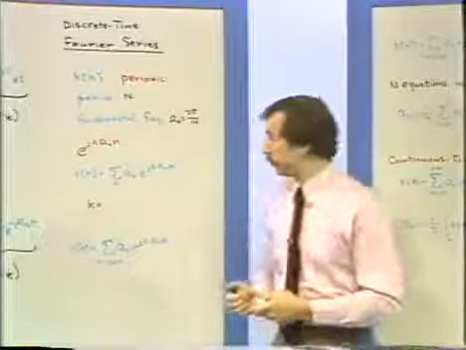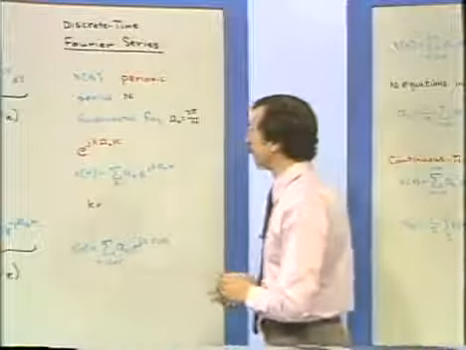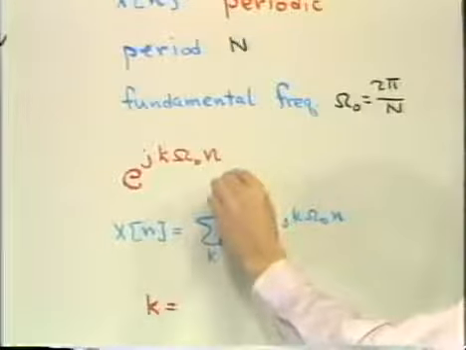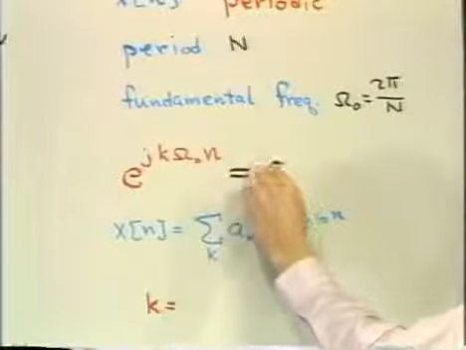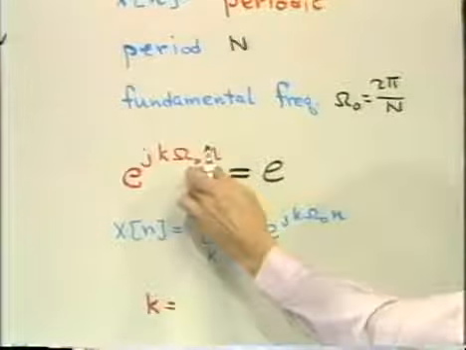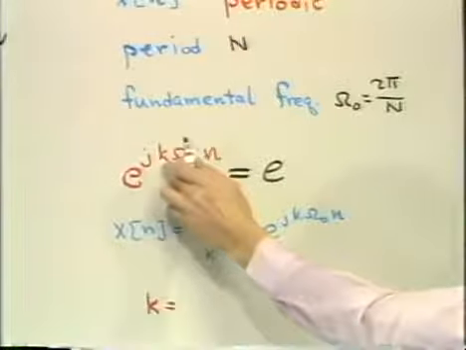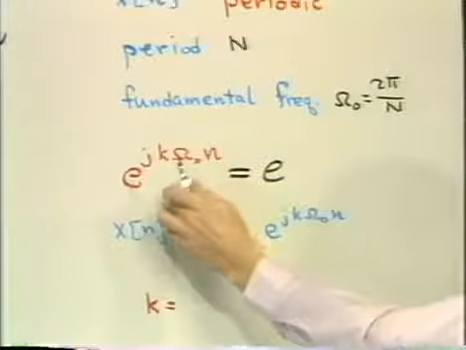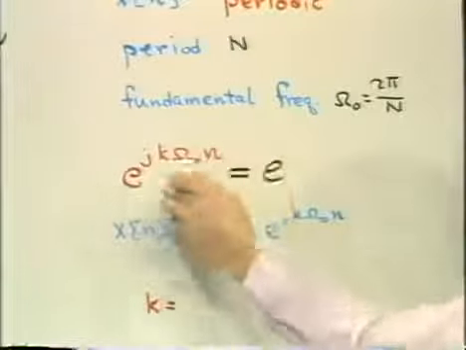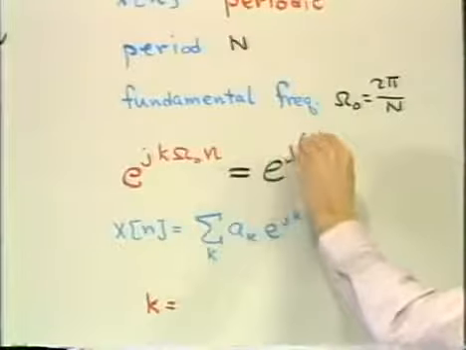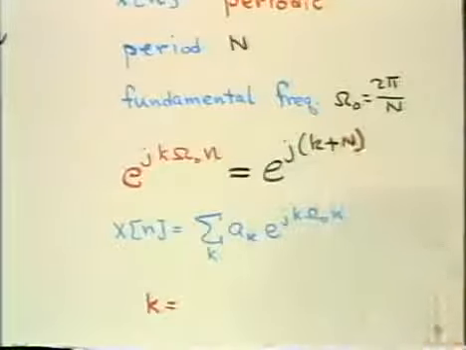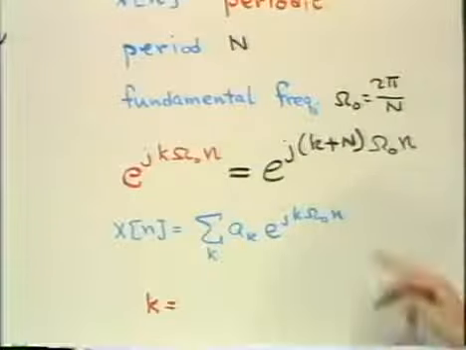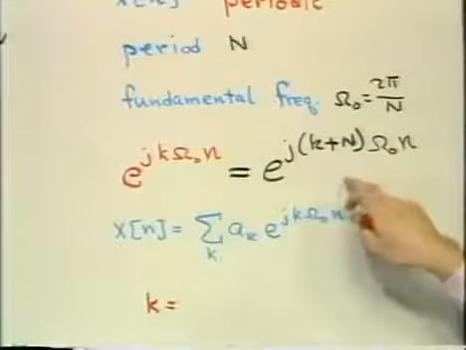It's straightforward to verify that if we consider varying k by adding to it capital N, where capital N is the period of the fundamental complex exponential, then if we replace k by k plus capital N, we'll see exactly the same complex exponentials over again.